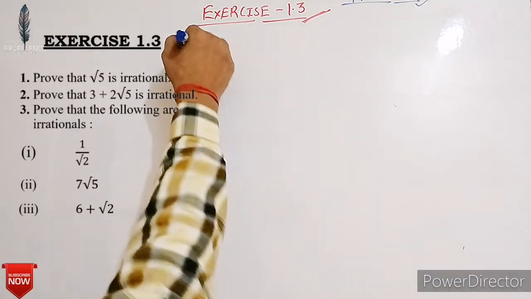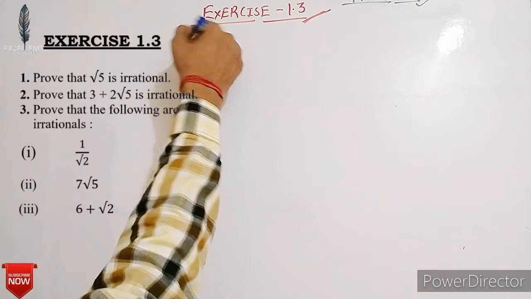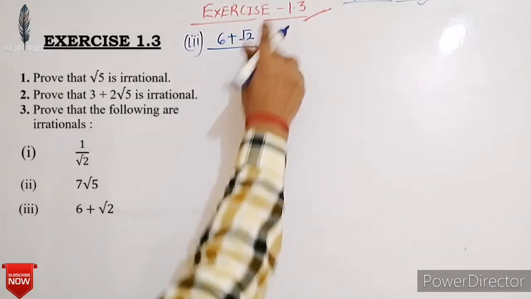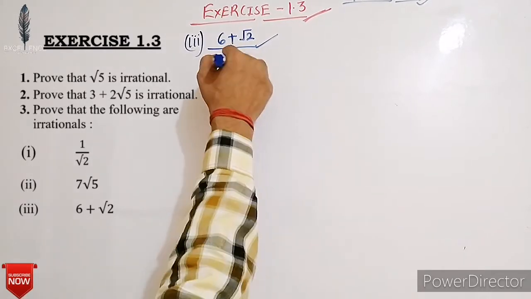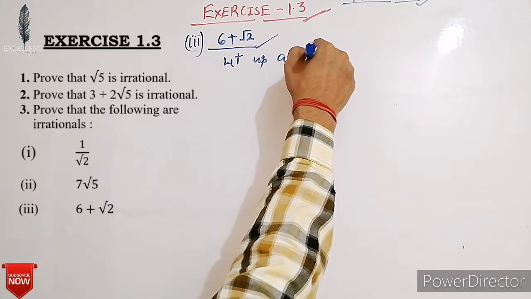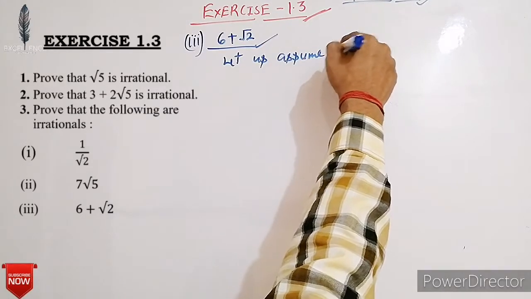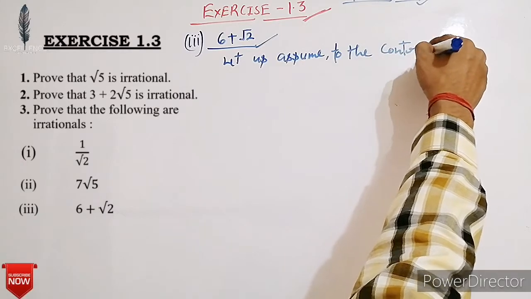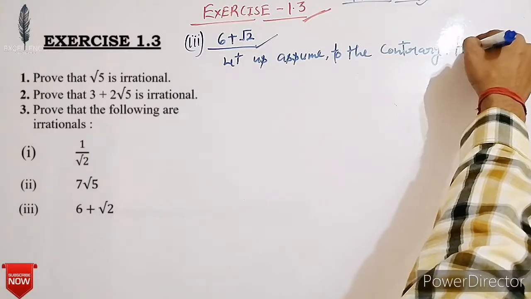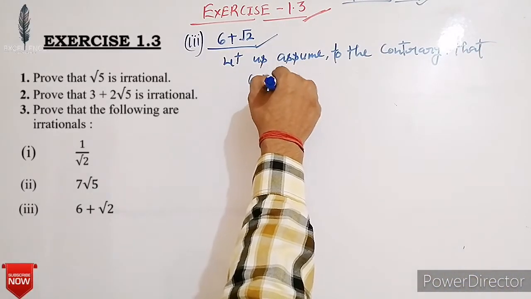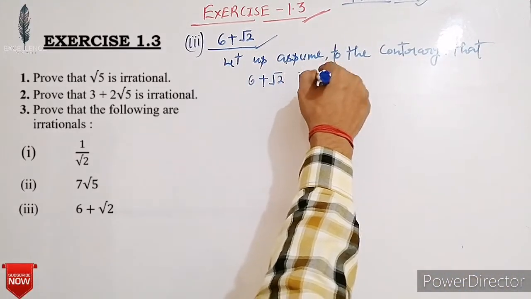Here next question, third, 6 plus √2. Okay, again let us assume to the contrary that 6 plus √2 is rational.